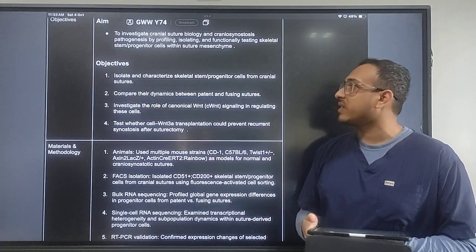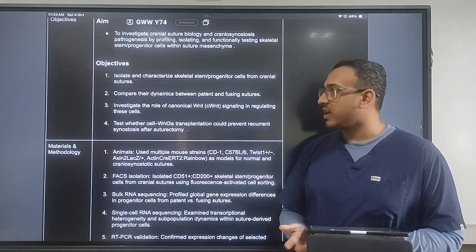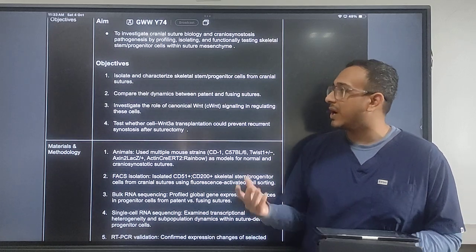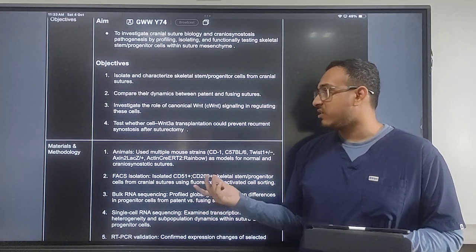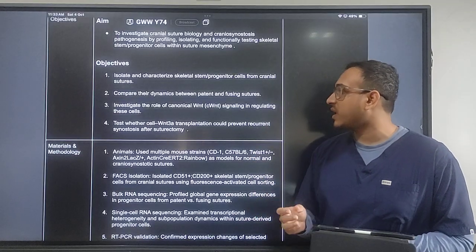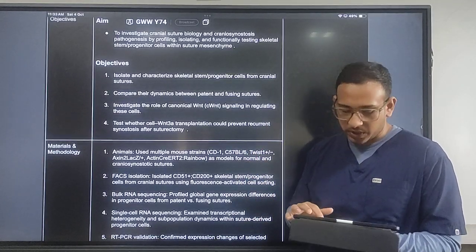Then they had to compare the dynamics between the patent and fusing sutures. They had to investigate the role of canonical WNT signaling in regulating these cells, and they had to test whether the cells with WNT3A transplantation could prevent the recurring synostosis after suturectomy.